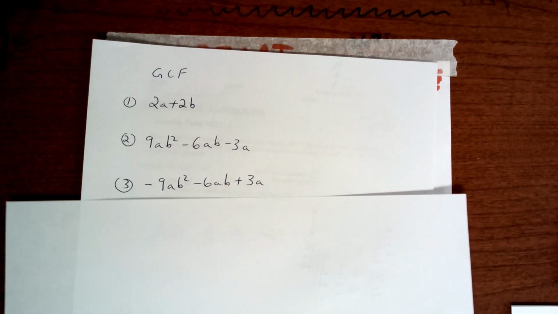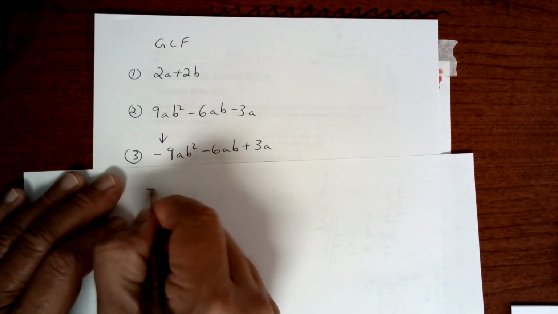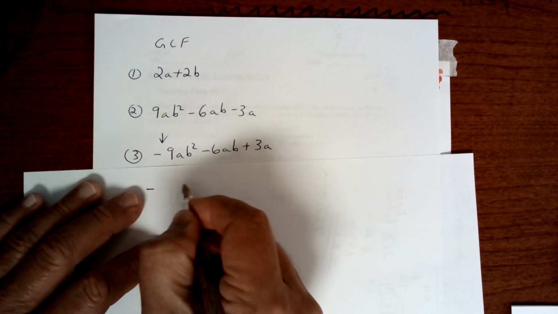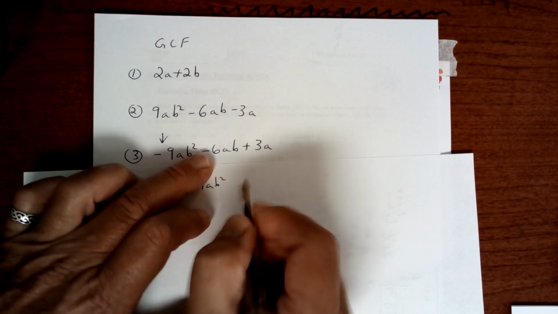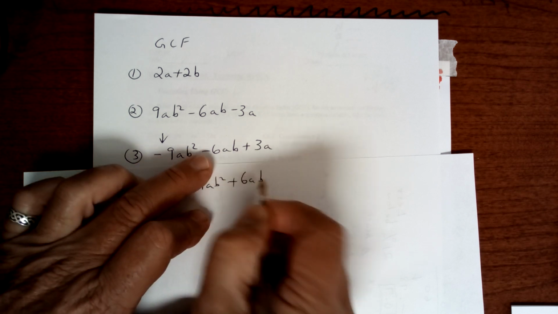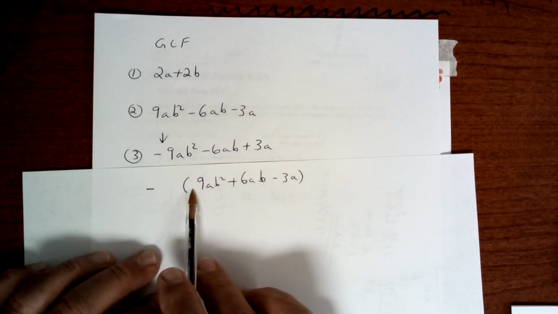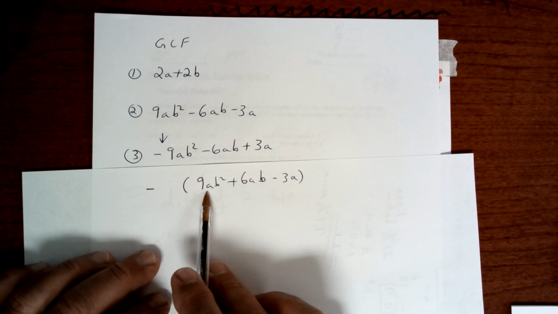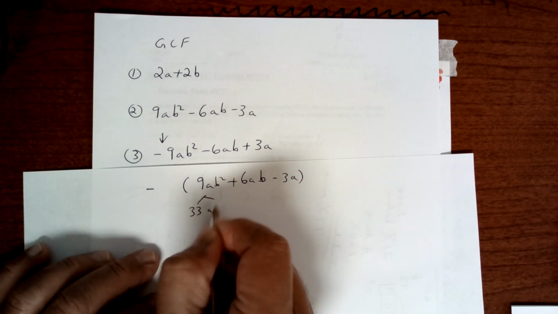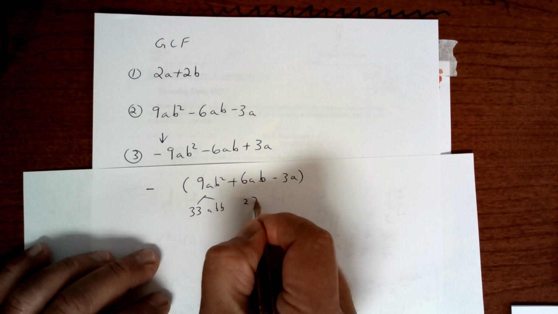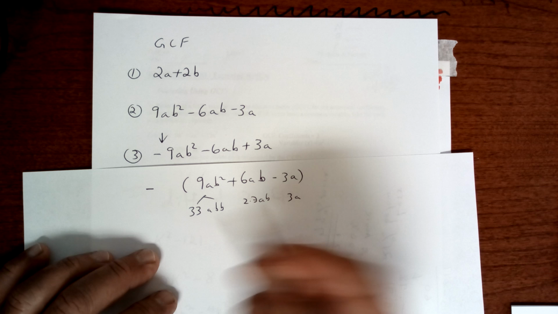Now watch this one that has a negative. Now, if it has a negative, you got to get rid of it. So you got to first factor out a negative. If you factor out a negative, then all these signs change. This one changes to a plus. This one changes to a negative. Okay, now that I changed this and all of these, now I can break it down the same way. So this is going to be 3, 3, same way. This is going to be 2, 3, AB, and this is going to be 3A. So I'm still going to take out a 3.